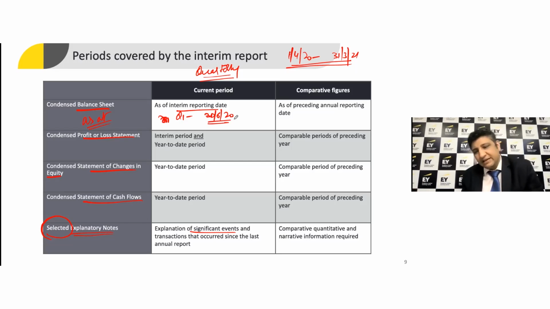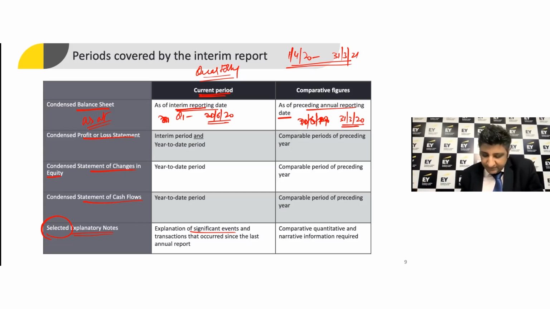When I prepare my balance sheet for the current period, there is also a requirement to prepare a balance sheet of the preceding annual reporting date, which has to be 31st of March 20. So that comparable figure has to be provided there.